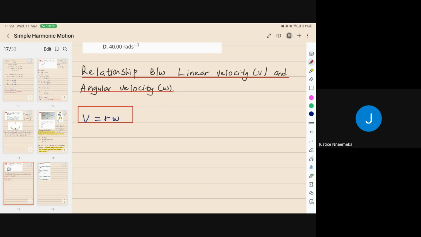Is that clear? So v is equal to r times omega, right?